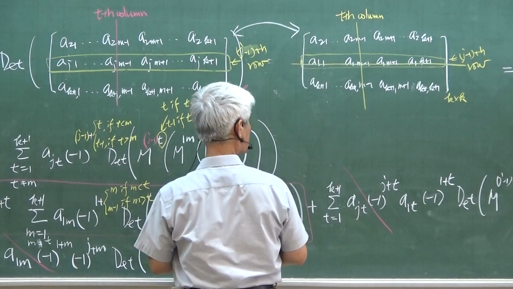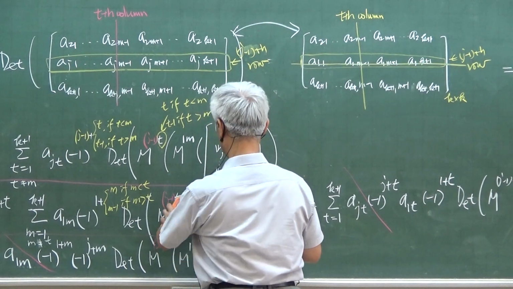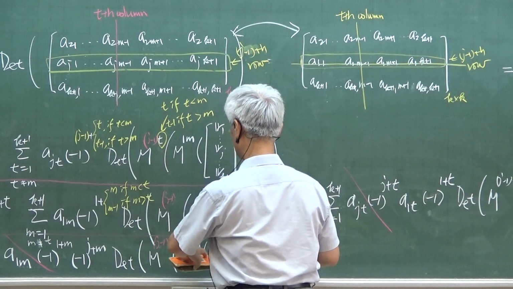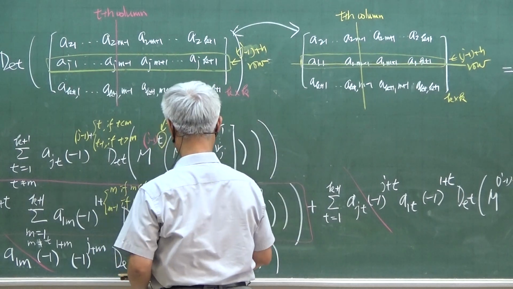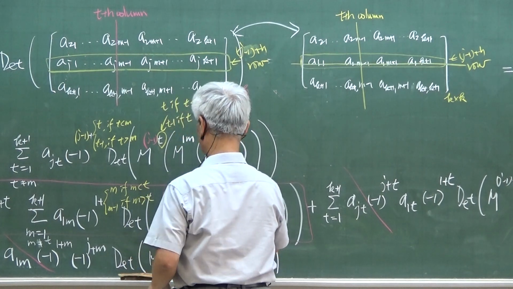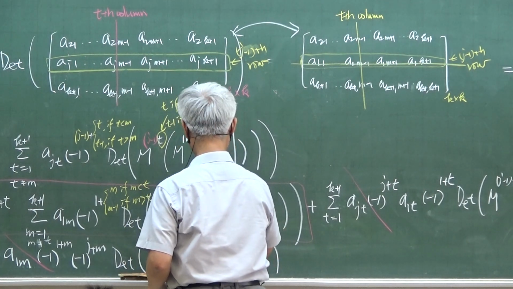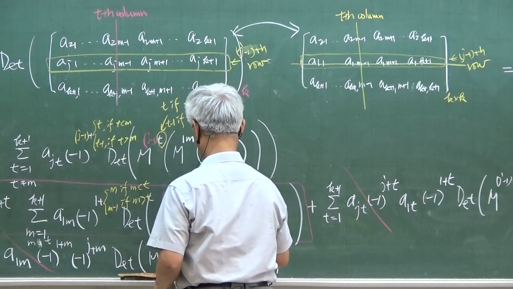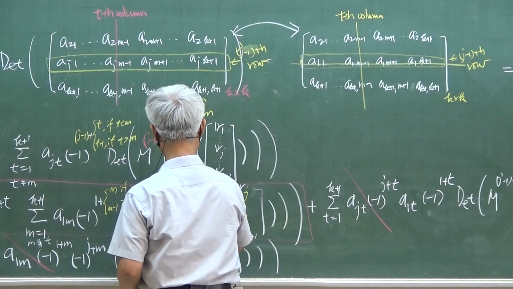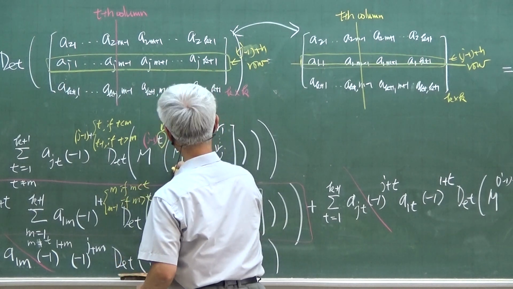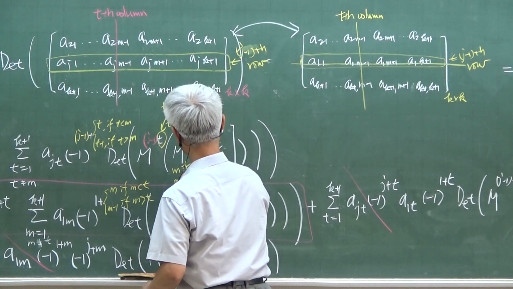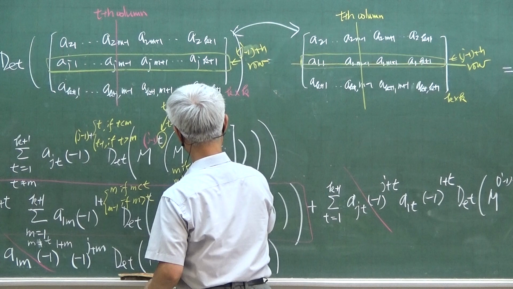Okay, so now I have t here, and m, and this product is m if m is less than t, and m minus 1 if m is greater than t.